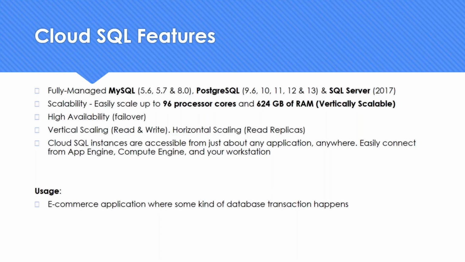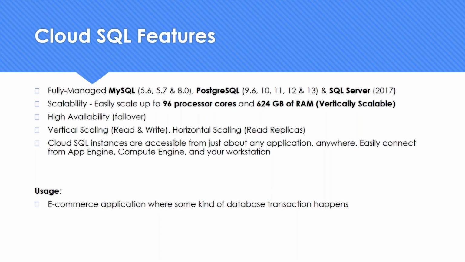The reason I put this bullet point is that Cloud SQL instances are vertically scalable systems, meaning you start your database with, for example, 4 vCPU, 15 GB of RAM. Some more data is coming, performance is impacted, so you want to increase the machine type. From 4 you make it 8 vCPU, 30 GB of RAM, and you can keep on increasing it.